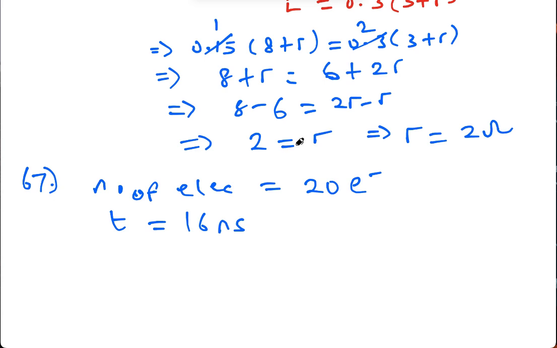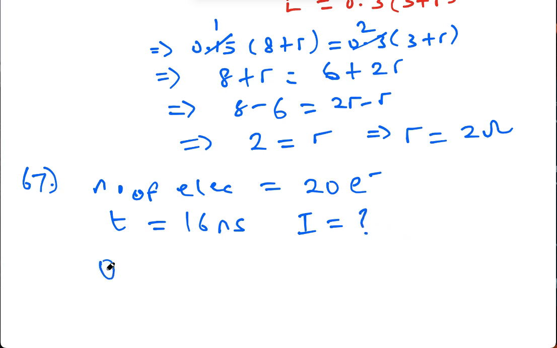We have to determine the current flowing in the circuit, given the charge on an electron. So current is what we are looking for.